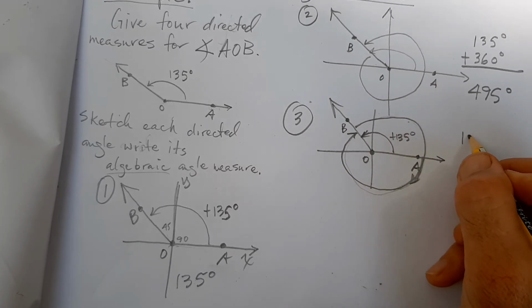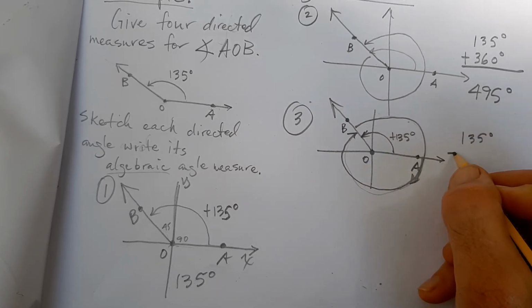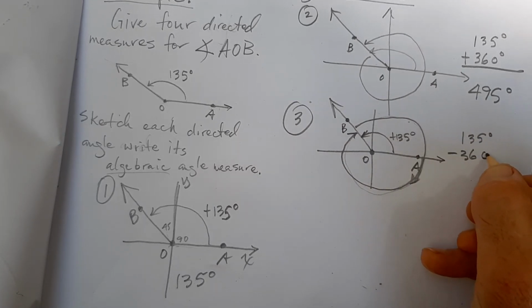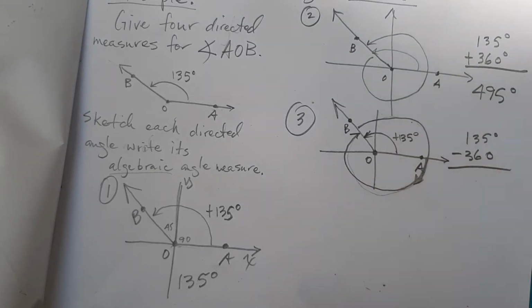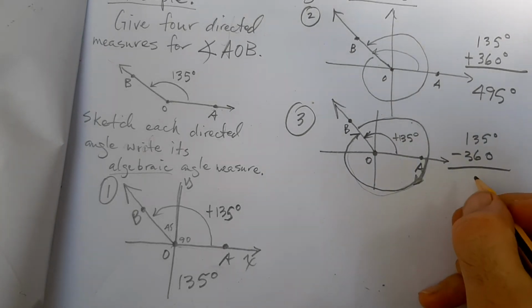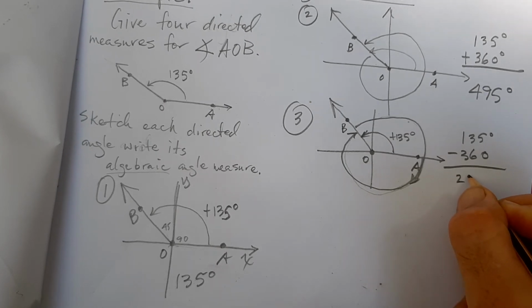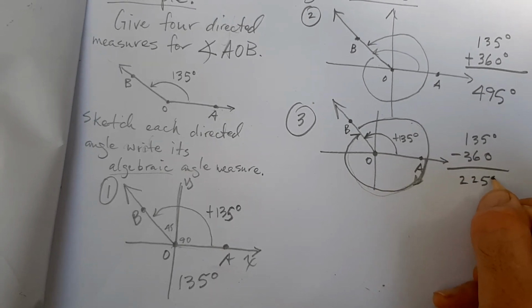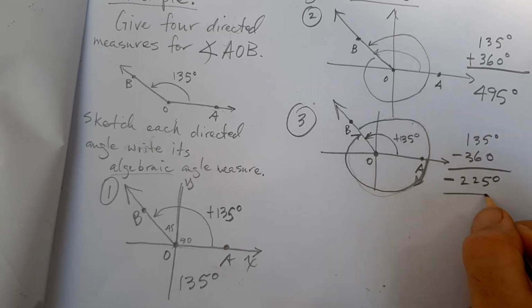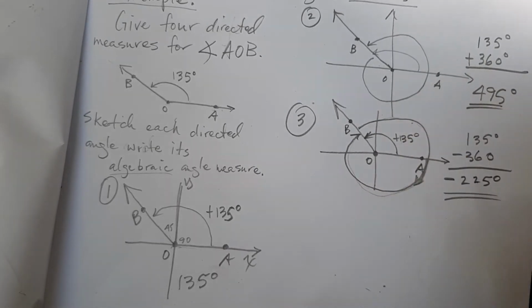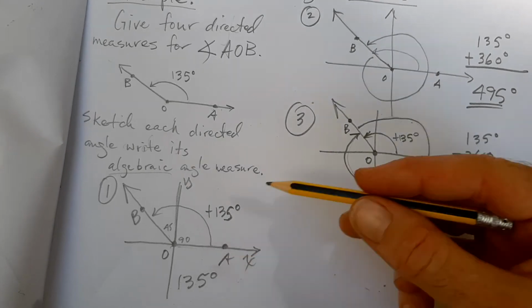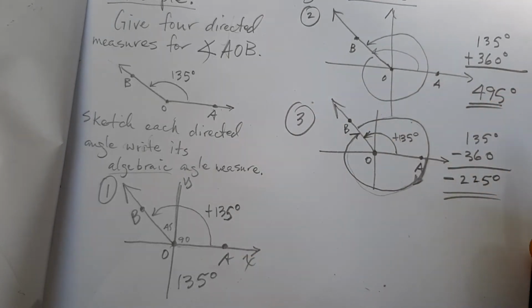So that's going to be 135 minus 360. You probably know all this, but if you don't, this is a little review. Subtract that. What is that? Is that negative 225, I believe. Don't forget the negative. There we go. So I can spin 135. I can spin 495. I can spin negative 225.